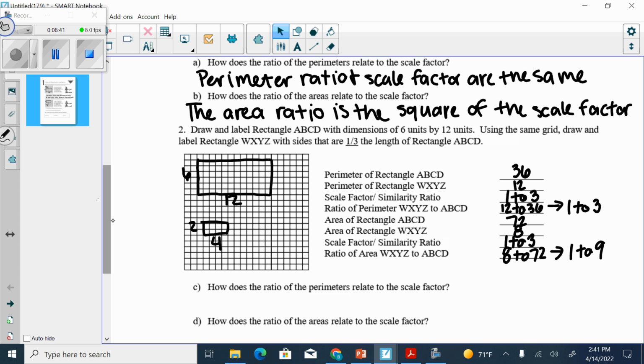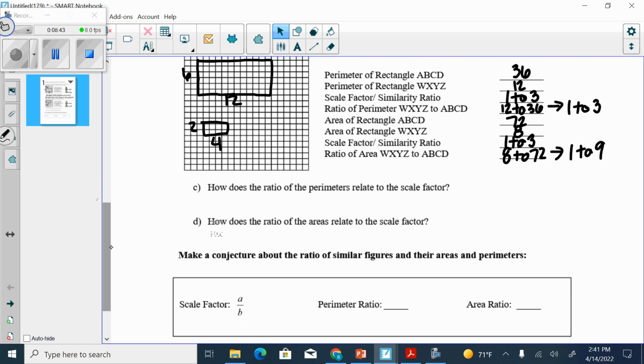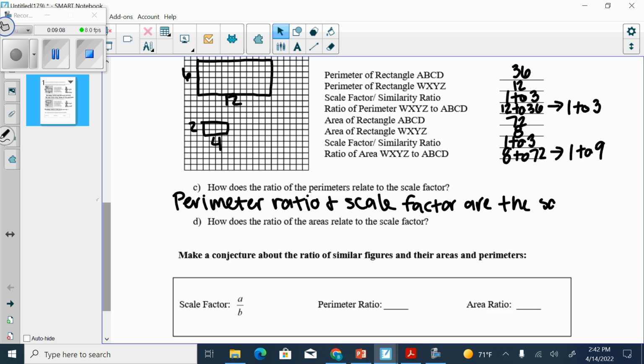Okay, and then it asks the exact same questions as last time. How did the ratio of the perimeter relate to the scale factor? They're the same. Very good. So perimeter ratio and scale factor are the same. While the ratio of the area compared to the scale factor was what? The square. Very good.